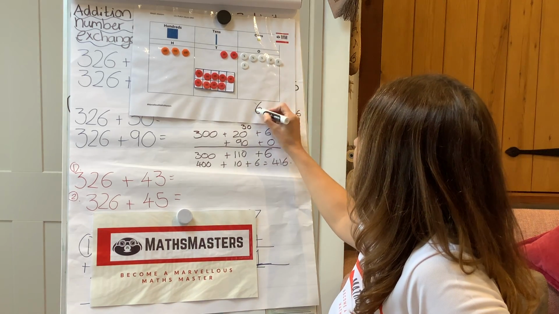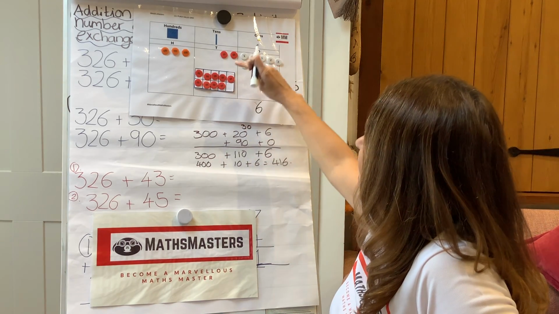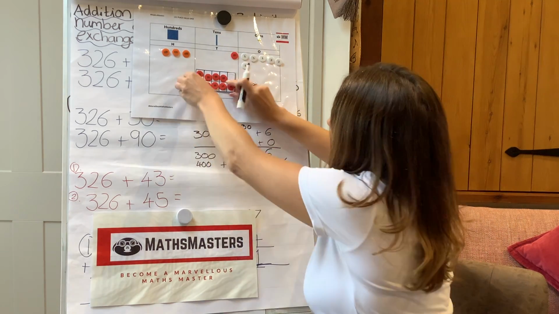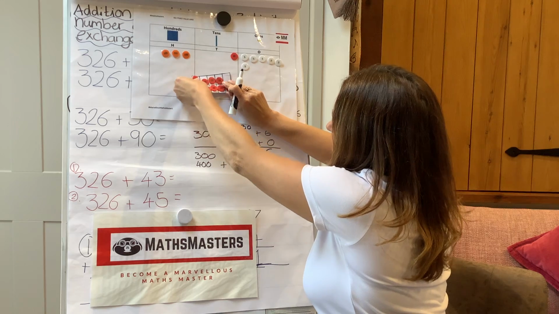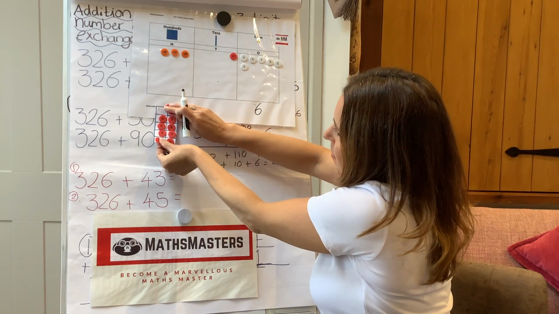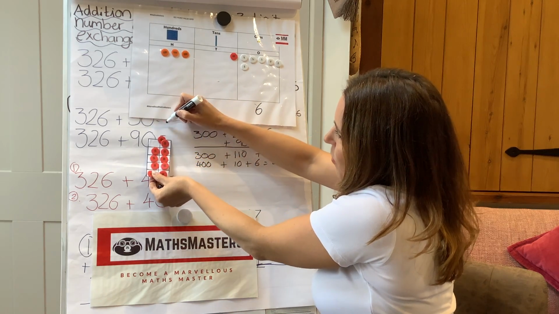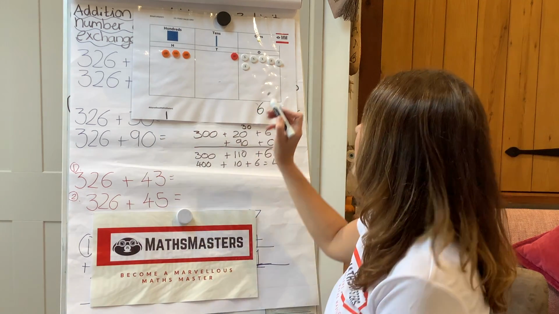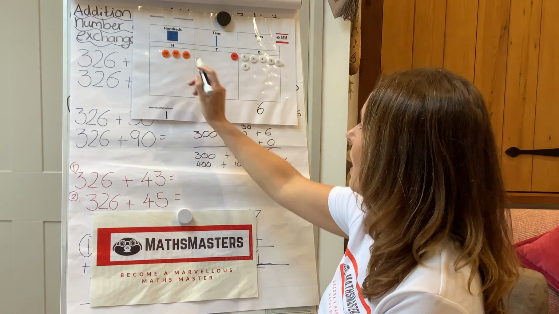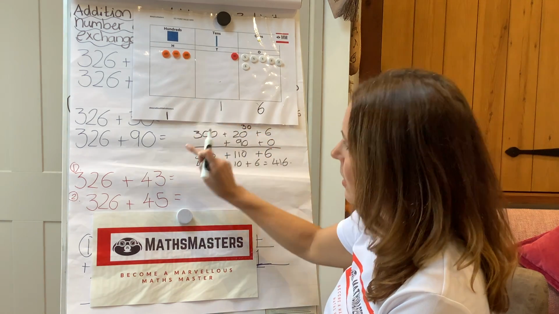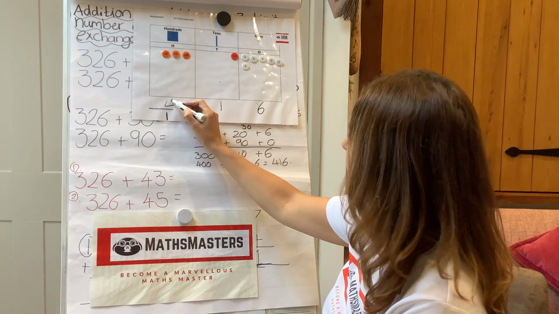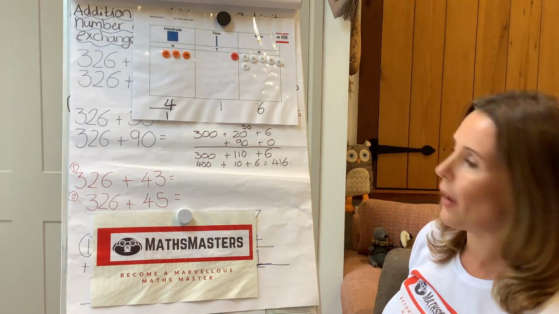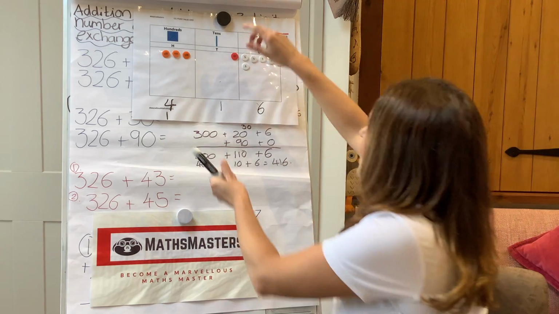So we've got 6 ones. Now here we've got 9 and 10 10s, so we can move this into the hundreds column. So I'm going to exchange that for 100 there, and now I can see I've got 110 and I've got 1, 2, 300, and don't forget to count this one, I've got 416 altogether.